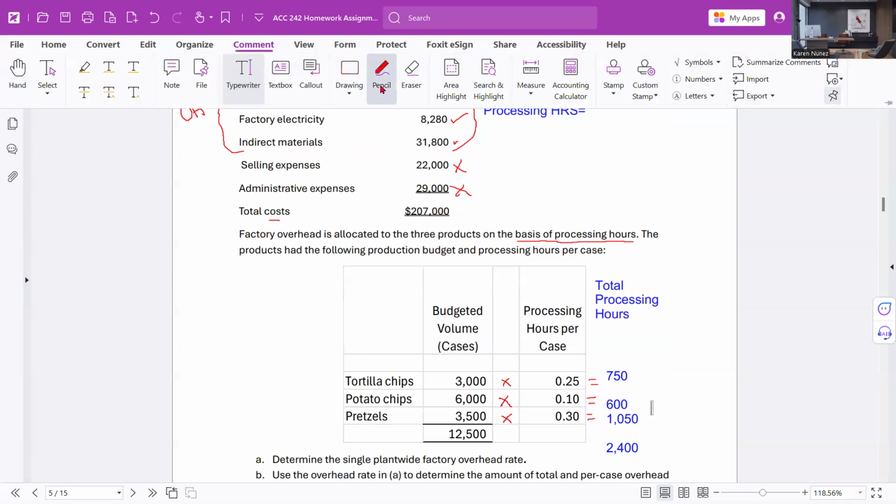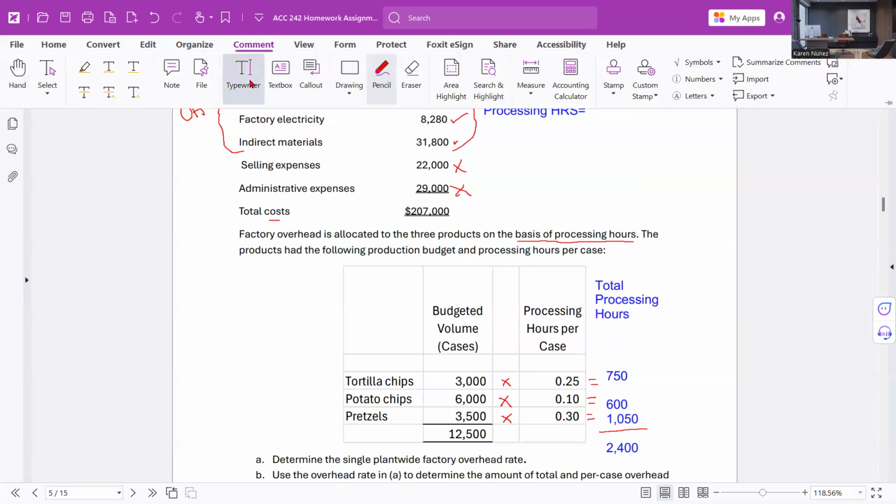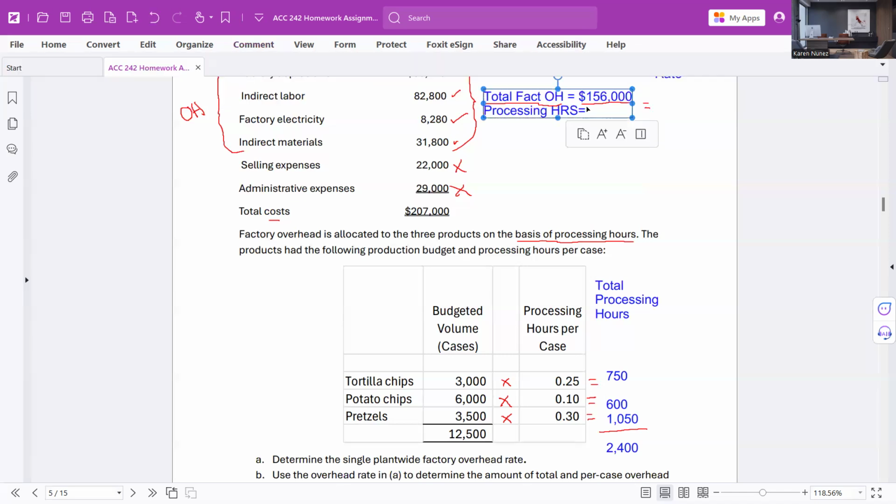So that's our denominator, right? All the processing hours, 2,400. We want to divide by the 2,400 hours. That'll give us our rate, right? So divide by the 2,400 processing hours gives us a rate of $65. $65 per hour.